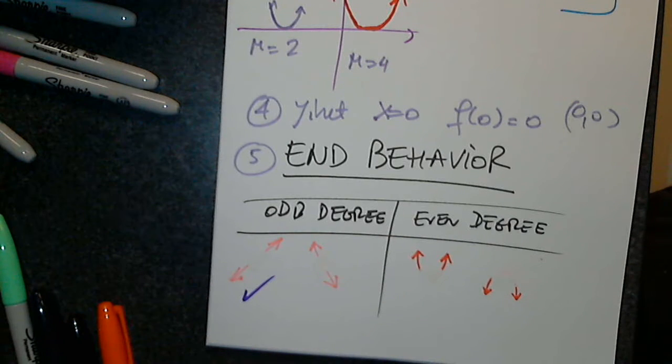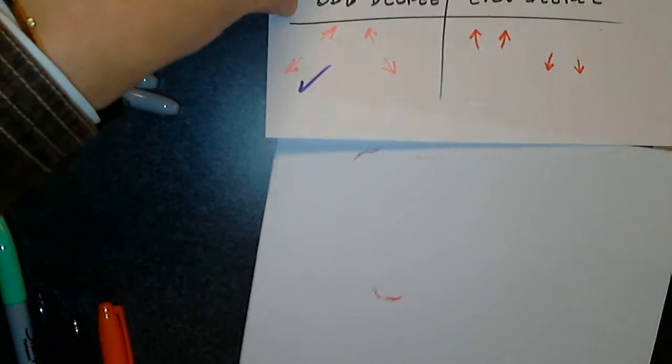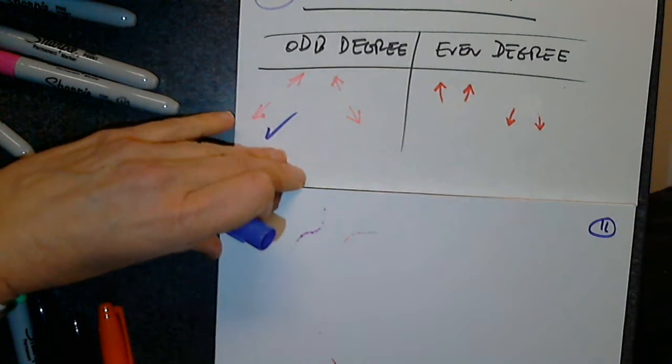Exactly. So what would be the end behavior if it's 1? I don't care what it does in the middle, but what is the end behavior? That's it. So I will start a chart in a minute. You'll see why. And I'll show you examples in the book and you'll see what I'm talking about.